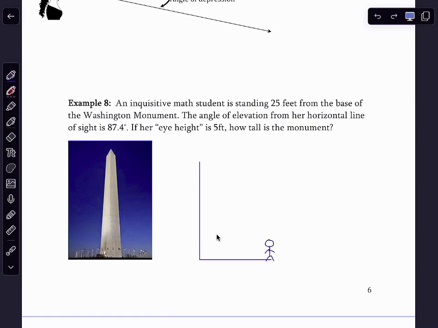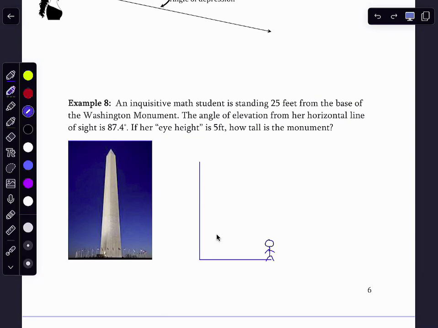I'm going to draw a dashed line. So her line of sight, if she was looking horizontal, would be looking at the base of the Washington Monument. It wouldn't be very high up. The thing is really tall. And then draw another dashed line at her looking at the top. Okay? So at one point, she's looking at the bottom. At one point, she's looking at the top.